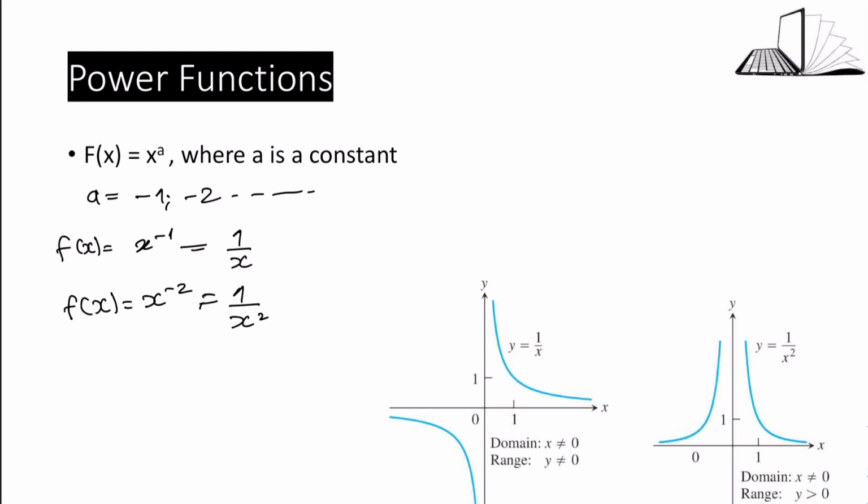How are we going to deal with it? The domain here should not include x equals 0 because it's in the denominator. So the domain is from minus infinity to 0, union 0 to plus infinity.